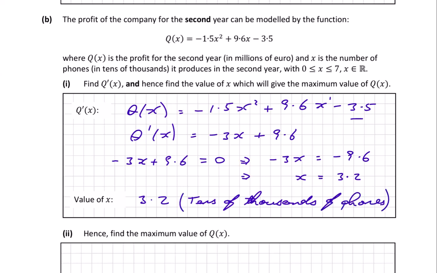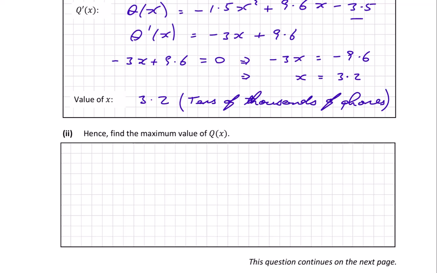Okay, then it says hence find the maximum value of q of x. So what will be the profit at this stage? So let's do that. We know our function is q of x, which is minus 1.5x squared plus 9.6x minus 3.5. So all we've got to do is do q of 3.2.